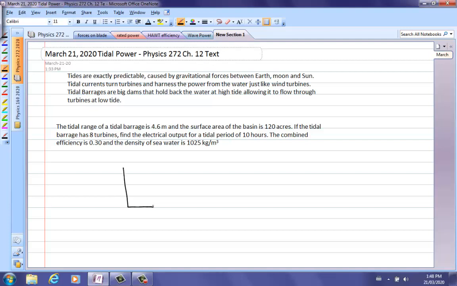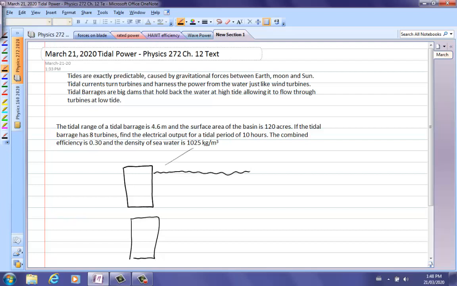You have a big dam, and at high tide, the water's up here, and this is a huge basin, so it has a huge area. A is the area of the basin, and that can be hundreds of acres. So up here you're at high tide, and this huge barrier holds the water back.